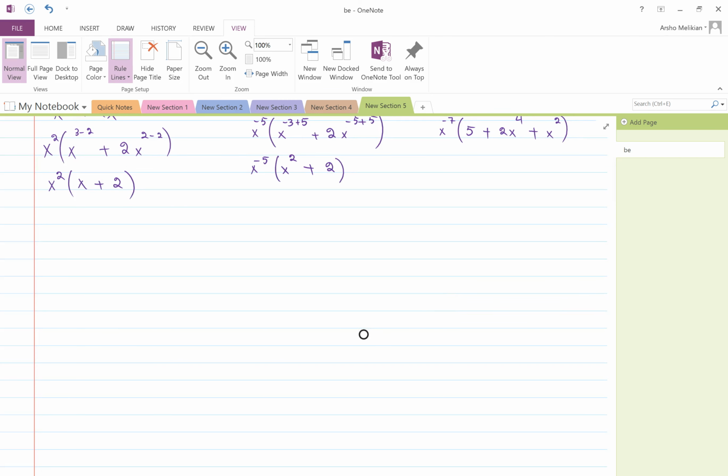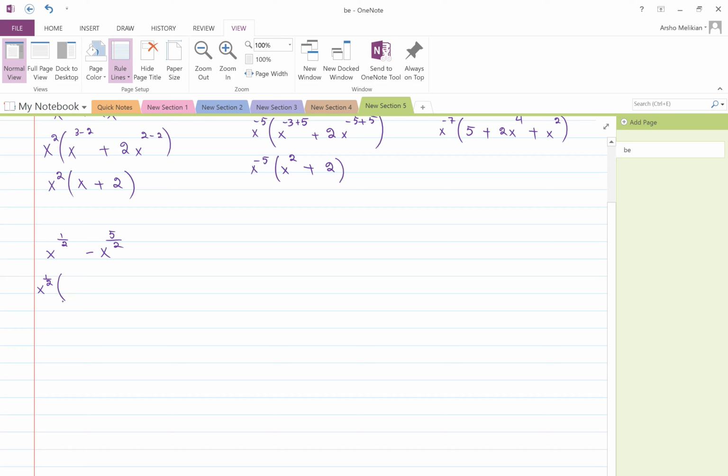All right. So what if you've got this one? x to the 1/2 minus x to the 5/2. Which one do I factor out? 1/2, the smaller one. x to the 1/2.